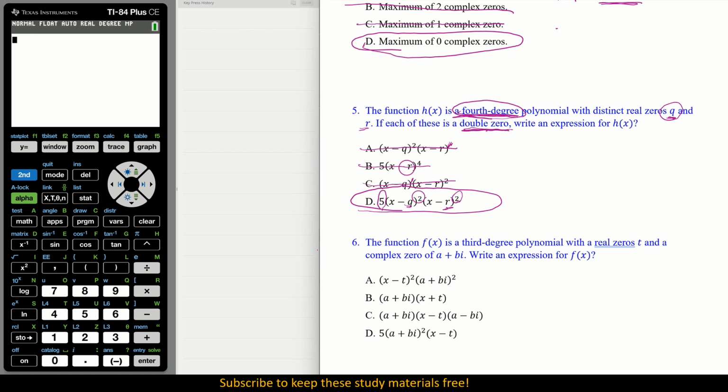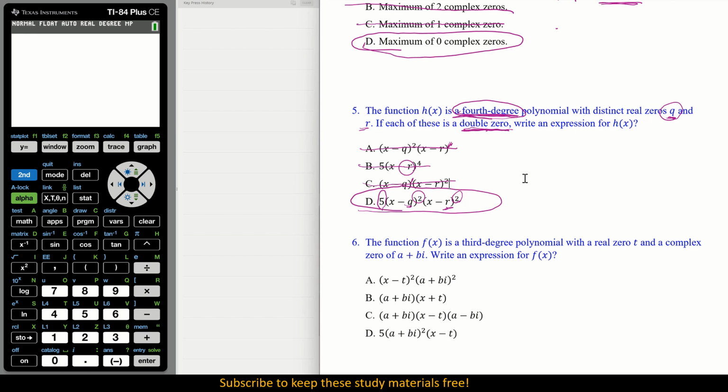All right, number 6. The function f of x is a third degree polynomial with a real zero. Yeah, a real zero called t. So that's kind of like what we had going on in number 5. Okay, and a complex zero of a plus bi. Write an expression for f of x.